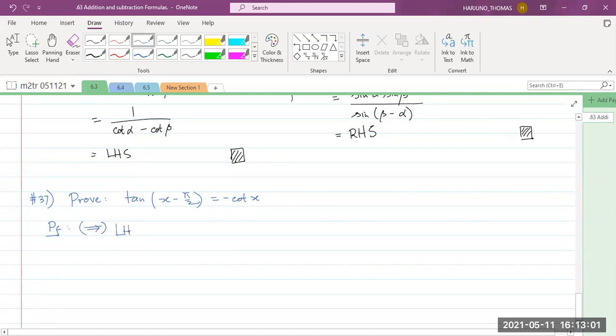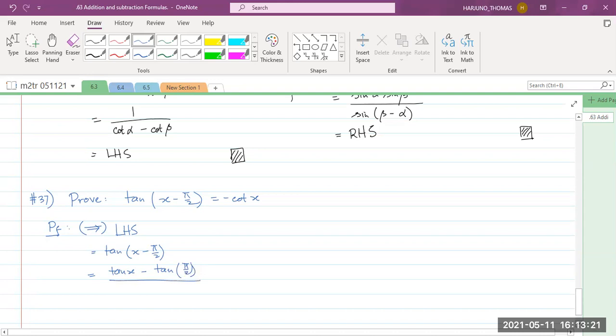Left-hand side. I do it fast because I just give you the big sketch of the proof. This is tangent x minus tangent pi over 2, over.